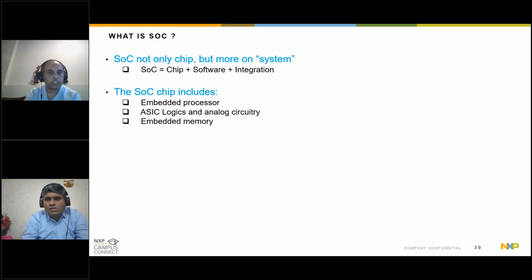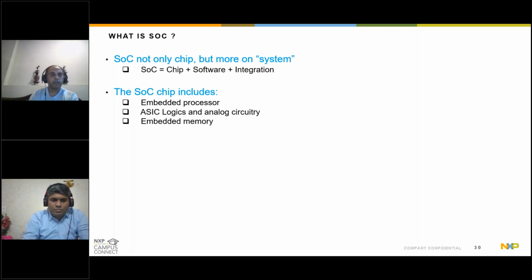So an SOC chip includes an embedded processor, ASIC logic and analog circuitry, and embedded memory. We'll talk about these things further in the subsequent slides. So at a high level, any SOC will have an embedded processor. It will have some ASIC logic, the IP blocks, which are implementing some industry standards, let's say Ethernet or USB or SD card or whatsoever.